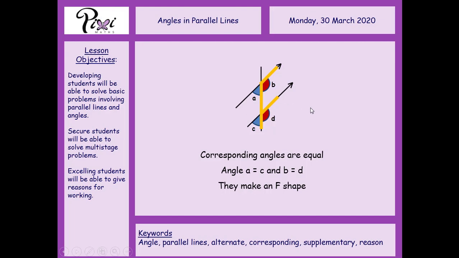It is not the same as the right side, but on the left side you can form F. So A and C are equal. The same thing for B and D. So these angles we call corresponding angles. A and C are equal, the same thing for B and D, and they usually make an F shape.